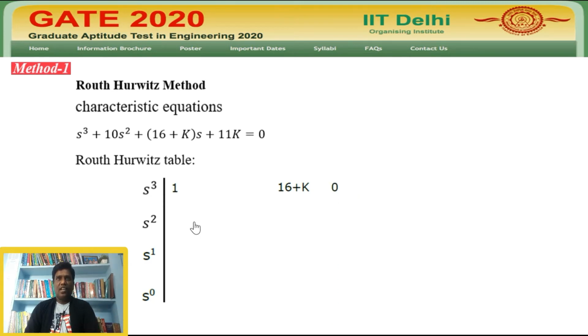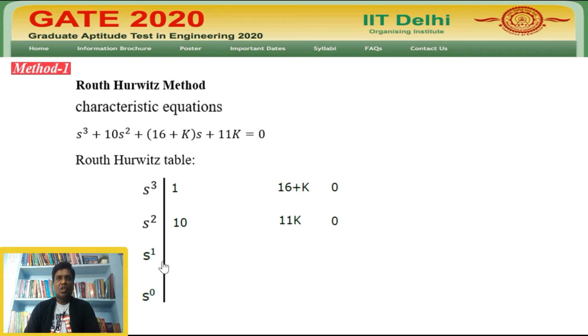Next, we can fill the s square row by the coefficients of the even power s terms of the characteristic equation. The even power s terms are s square and s power 0. The s square coefficient is 10 and the s power 0 coefficient is 11K. These values are filled in the second row of Routh's table, and the remaining second row position will be 0.